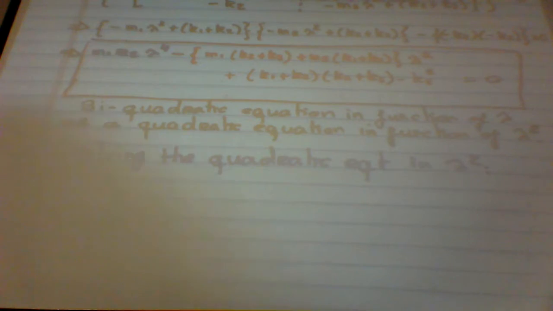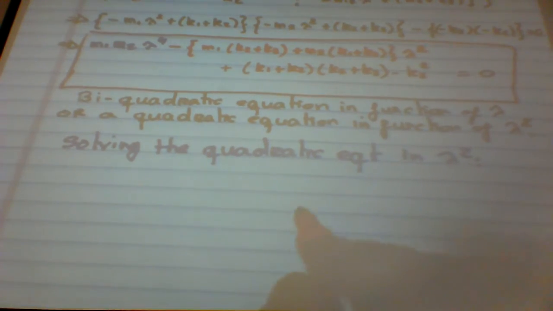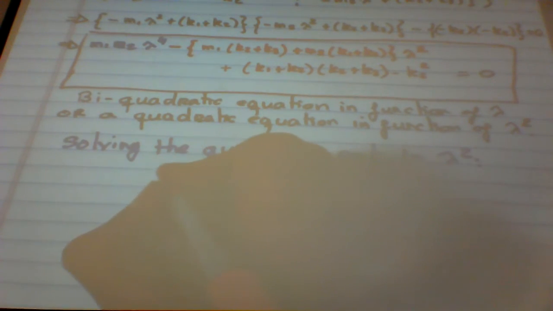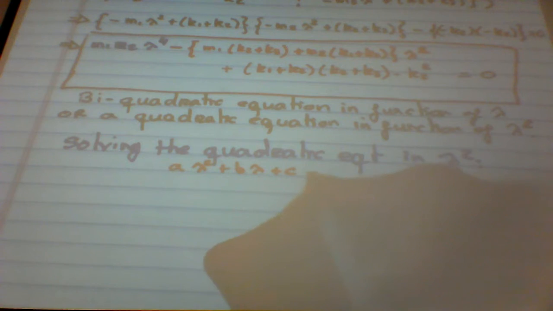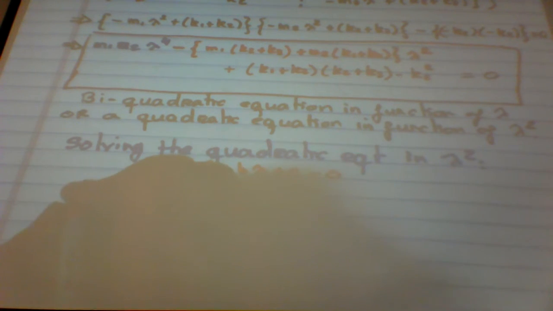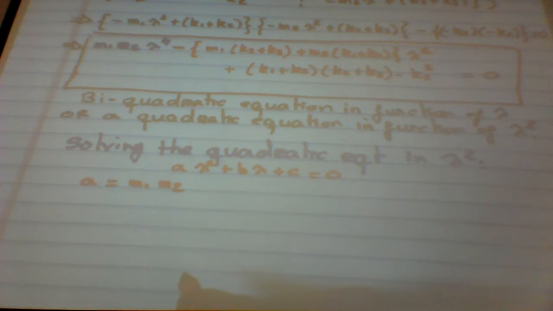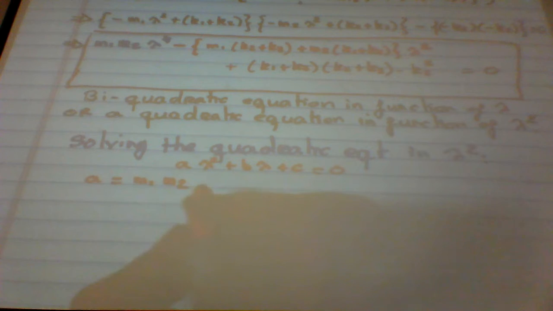If we have the equation like A lambda squared plus B lambda plus C equal to 0, what is A for us over here? M1 m2, no? What would be B?